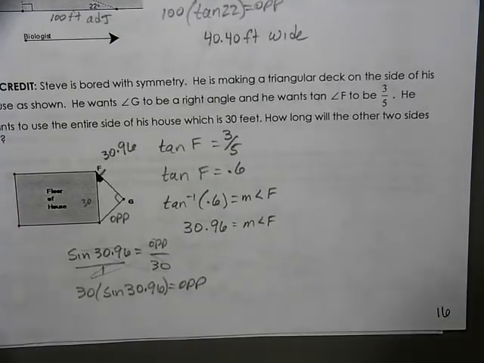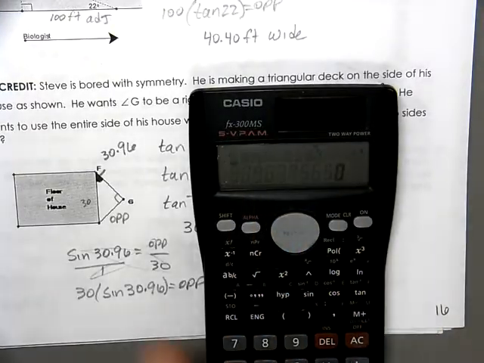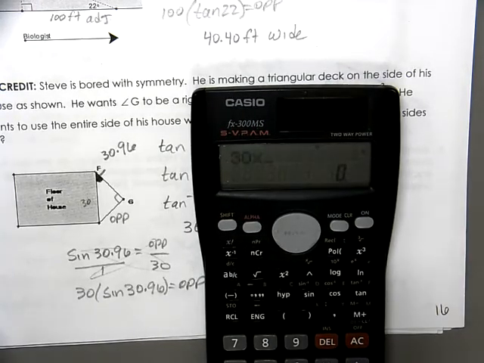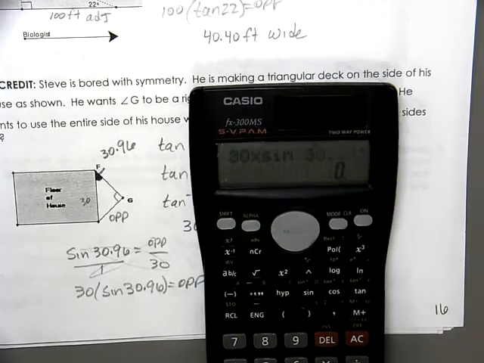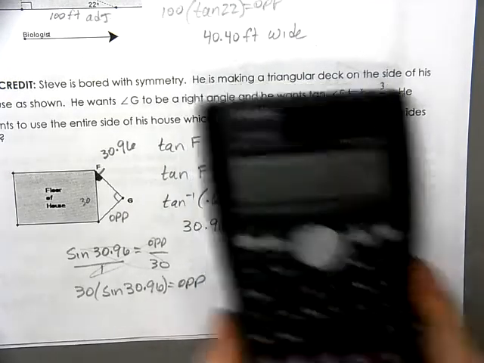It would be best to use the whole value rather than just 30.96. So 30 times the sine of 30.96 gives us 15.43.